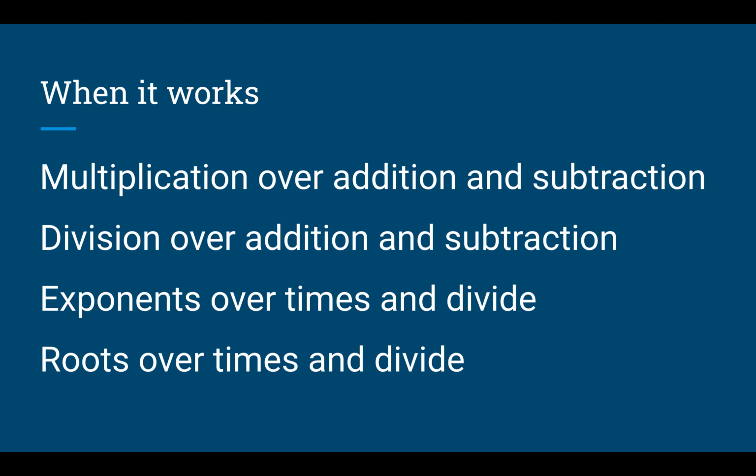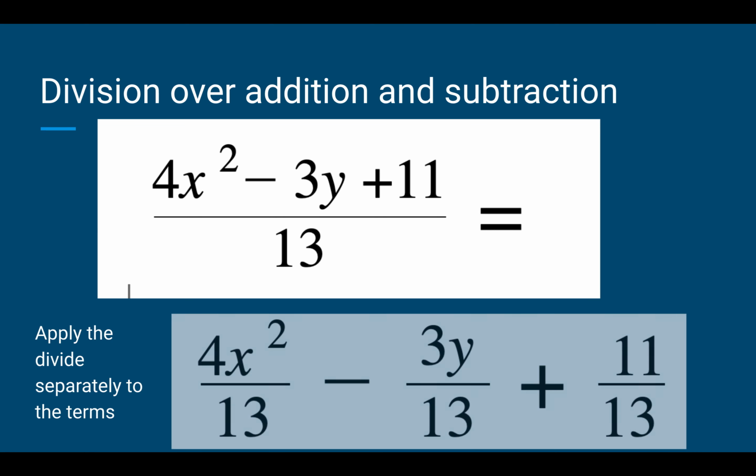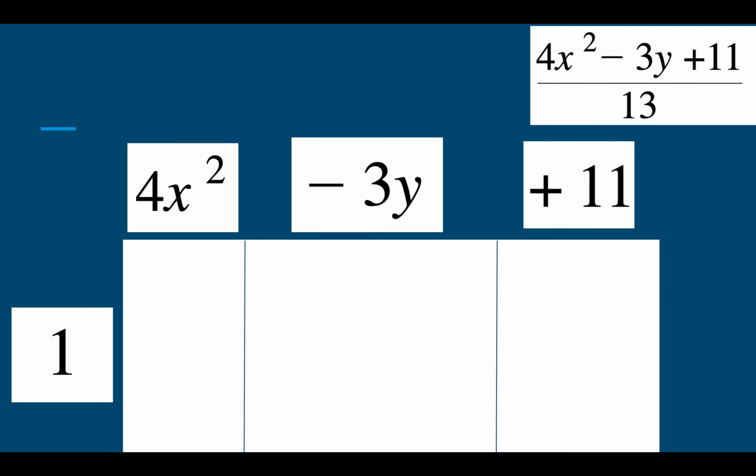Now there are other examples people will start to think they can do, but they can't. Okay, so why does it work here? This one's probably less familiar to some people, but it is the same idea as what we were doing just now. We can apply that divide to each term separately, so we can think of each of those terms as just being over its own 13.